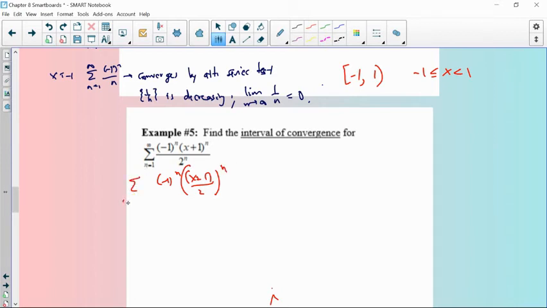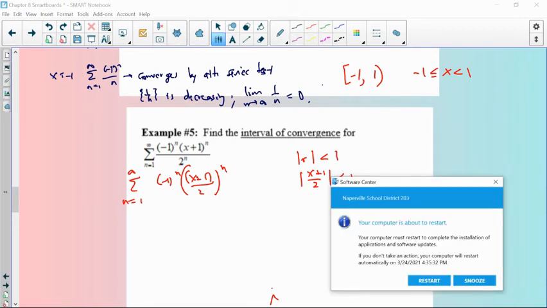That series. And so, I could use the ratio test I used in the last example. Maybe this example, I'm going to use just my knowledge of a geometric series. So as long as my ratio in absolute value is less than 1, then I know it'll converge and I can check the endpoints. So the alternating part doesn't really bother me too much. It's just this quantity x plus 1 over 2, since that's what I'm raising to the nth power, I have to just make sure that that's less than 1. Okay.